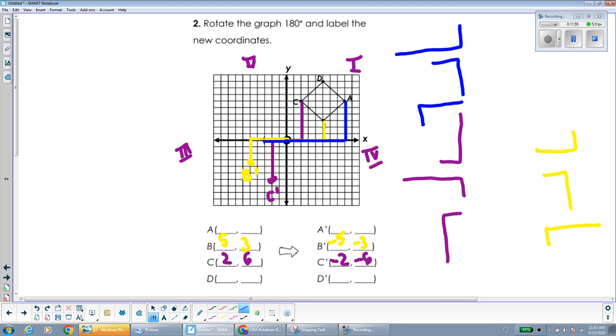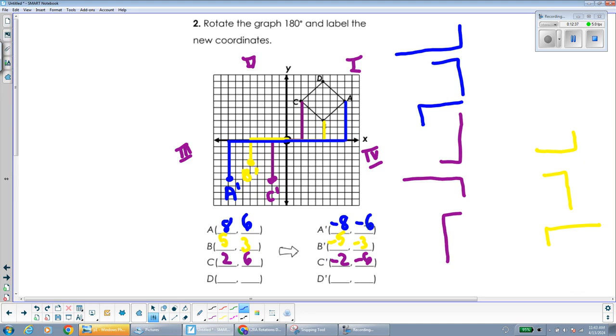And that is our rotated point, A prime. So the original point was 8, 6. Now our rotated point is -8, -6.